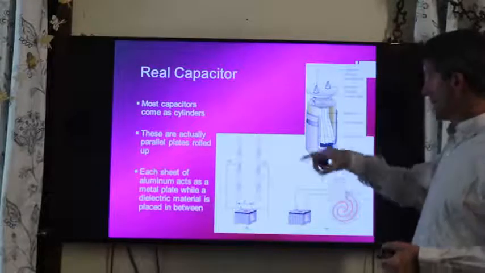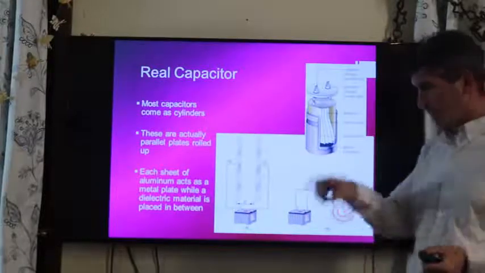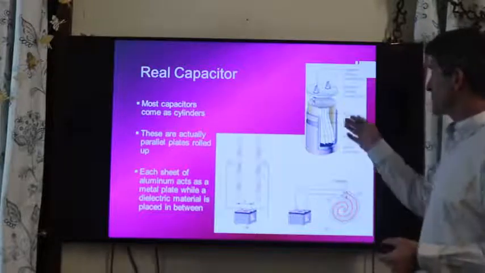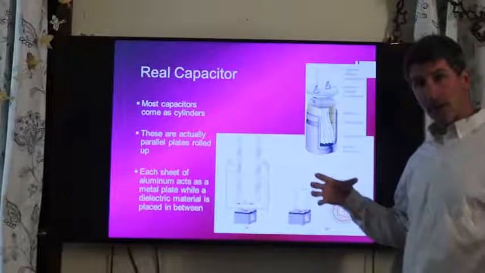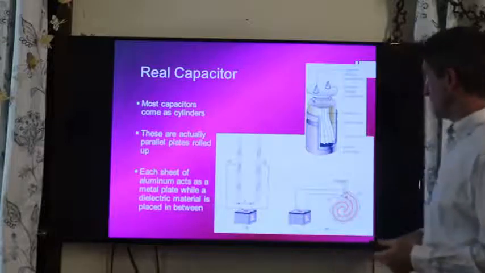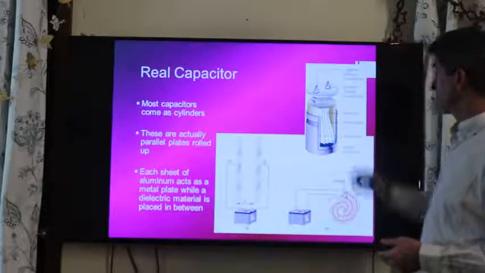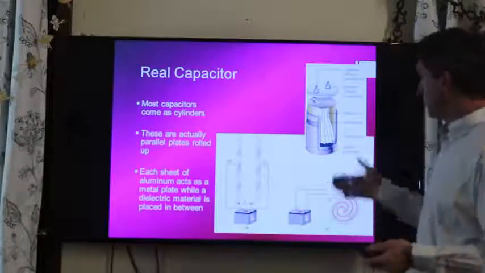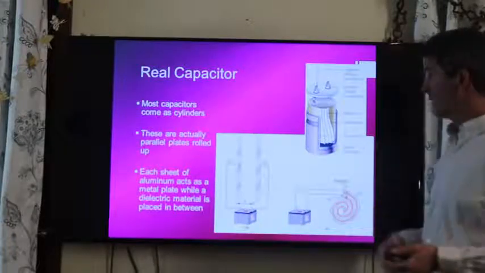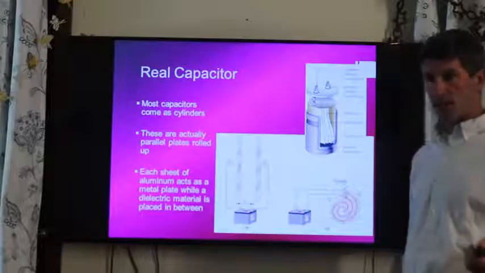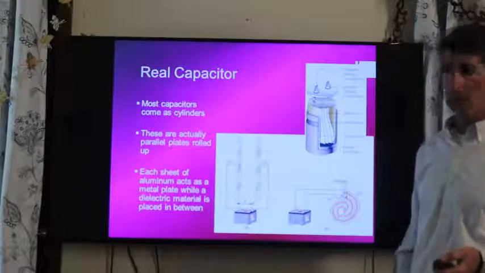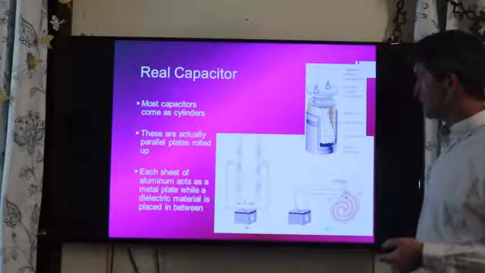And this is rolled up like a huge roll of paper towels. And this is rolled up to take all that area and compress it into a much smaller volume. And we use some type of dielectric material to insulate it, okay? Could be paper, could be Teflon, could be a number of different materials, plastics, but it allows us to reach a much higher area and therefore greater capacitance.